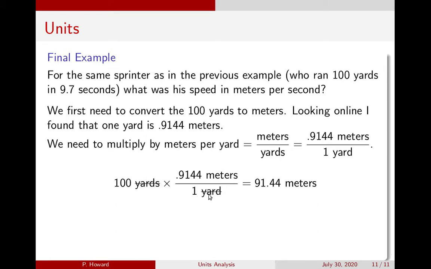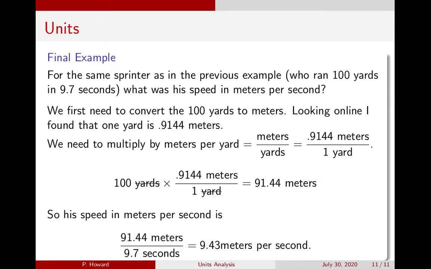The yards will cancel, and the final answer will be in meters, 91.44 meters. And now the final step in this problem is simply to divide meters by seconds to get the speed in meters per second. 91.44 meters divided by 9.7 seconds gives us 9.43 meters per second.